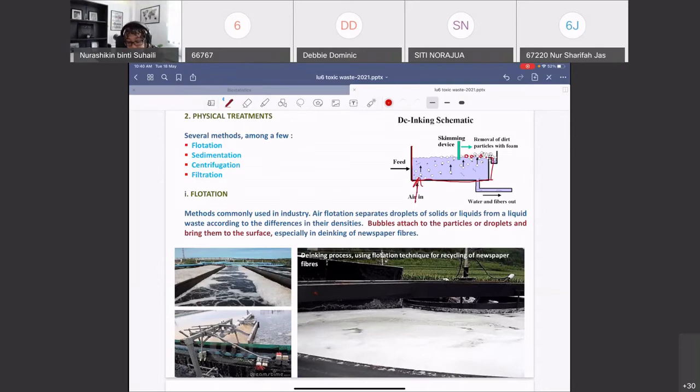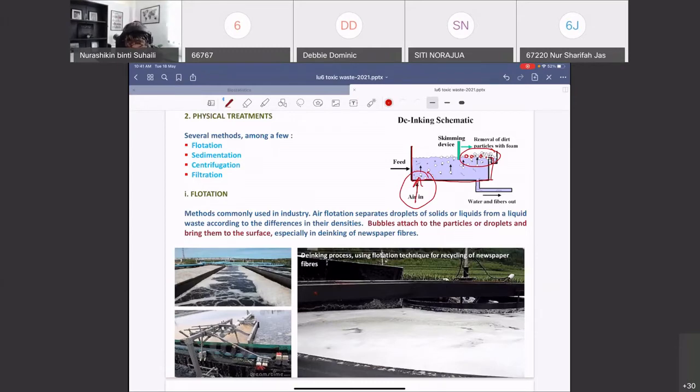So at the end, the whole mixture of the bubbles and the particles can be easily removed from the suspension. Okay. So the mechanism is by sparging the air in, forming the bubbles, and the bubbles that attach to the particles will be removed from the suspension.